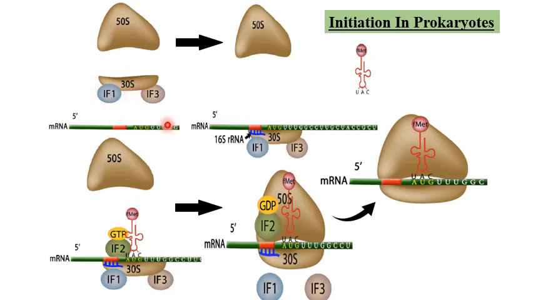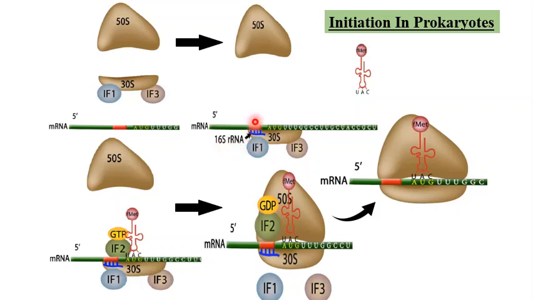Now, this 30S associated with two initiation factors will bind to the messenger RNA. Here in red is the leader sequence before the start codon AUG, which is also called the Shine-Dalgarno sequence. So in this figure you have binding of 30S to the messenger RNA, binding between the leader sequence or the Shine-Dalgarno sequence and the ribosomal RNA, the 16S ribosomal RNA of 30S.